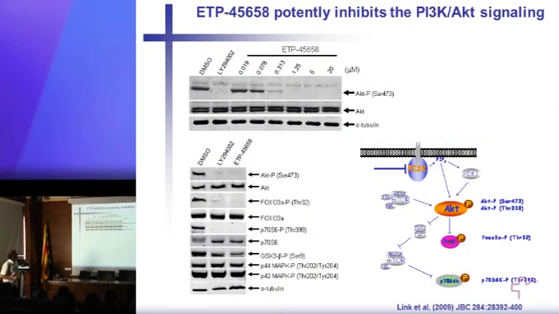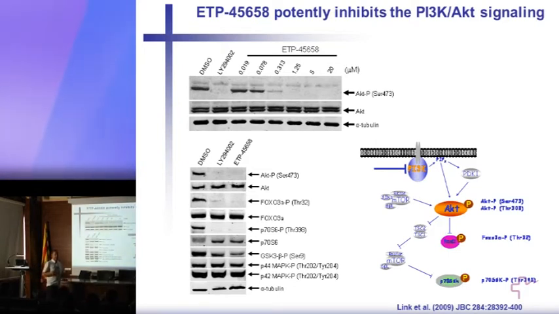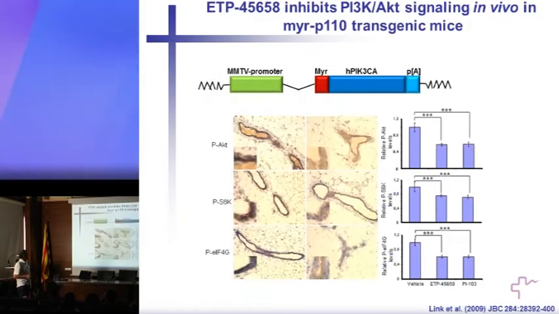So this compound potently inhibits the activity of AKT, which is very important from a therapeutic point of view. It shuts down the whole pathway and didn't modulate unrelated biomarkers.